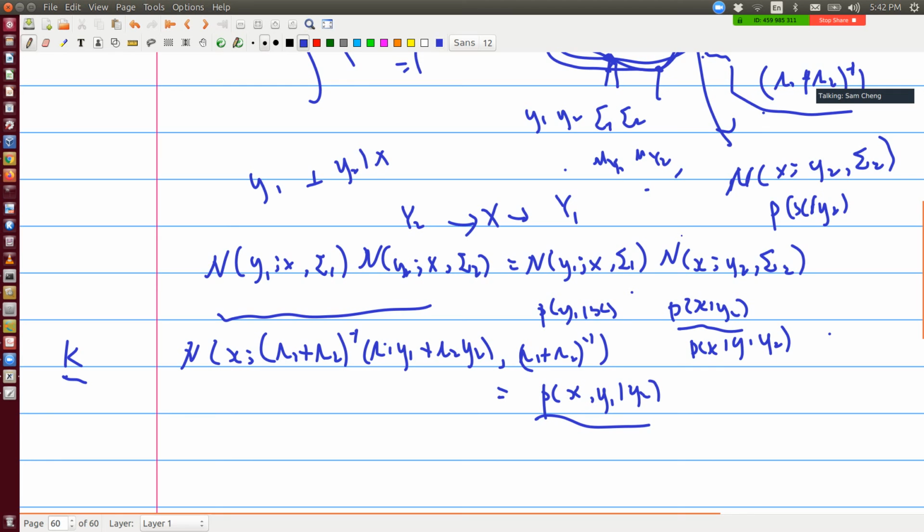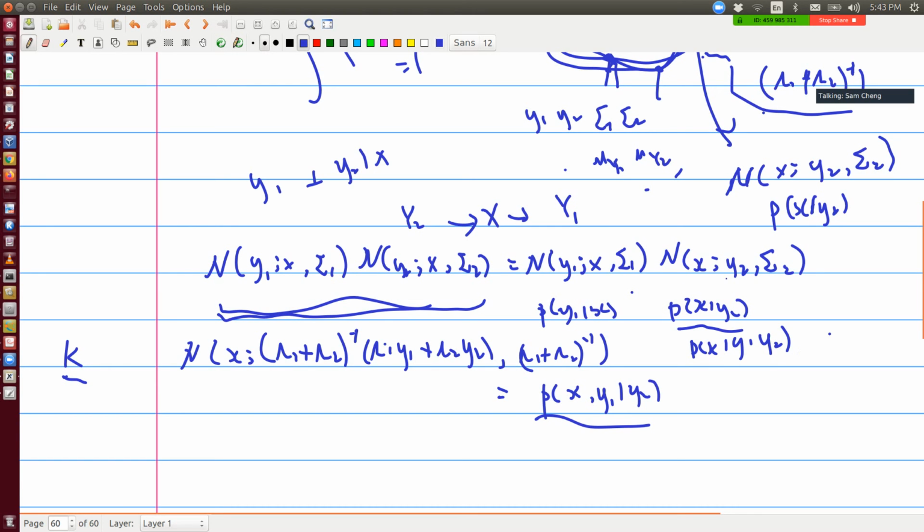What that means is this is equal to this, because I can also think of this another way. Think of this as a PDF. This second term here is just the conditional probability of x given y1 and y2.